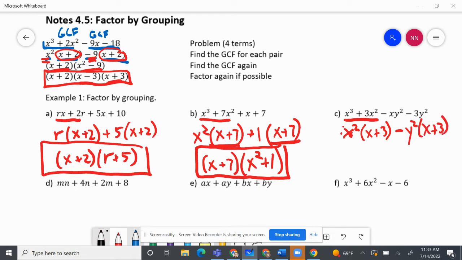When we look at this, we notice that they both have an x plus 3, and so what's left over is x squared minus y squared. Now notice that this one has a difference of squares, 2 things that are squared with a subtraction sign. So when we take the square root, what we get is x plus y and x minus y.